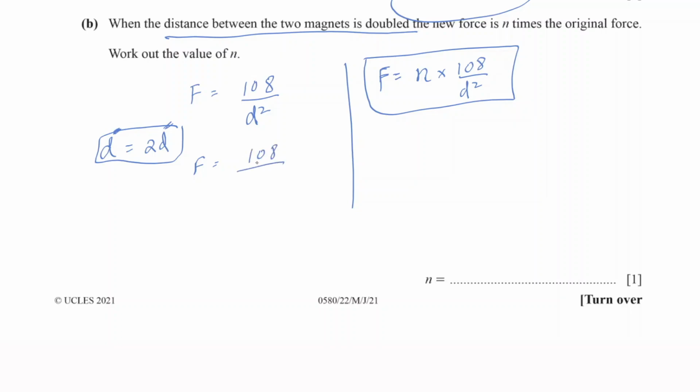If I put this value of d as 2d square, what will happen? F is equal to 108 by, this becomes 2 times 2 is 4, because the 2 is also squared, so 4d square. We can write this as F equals 1 by 4 of 108 by d square.